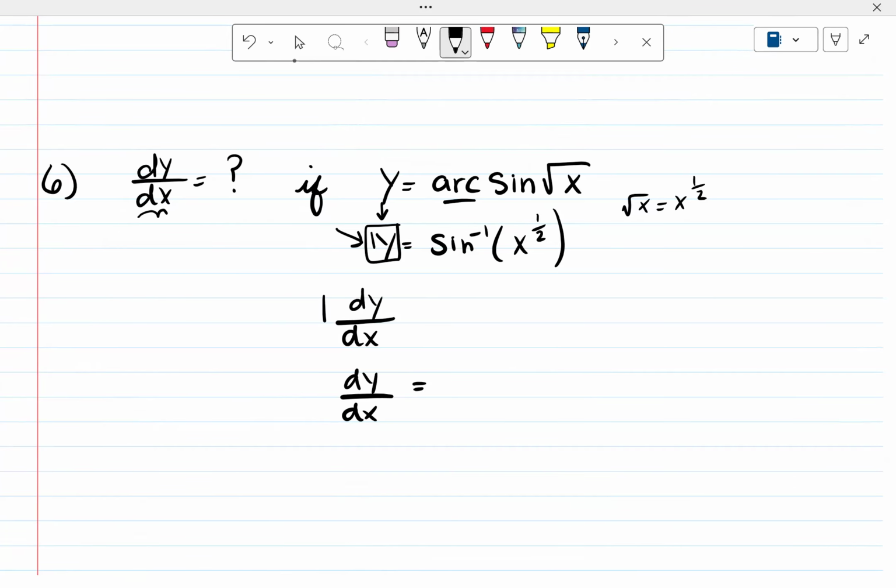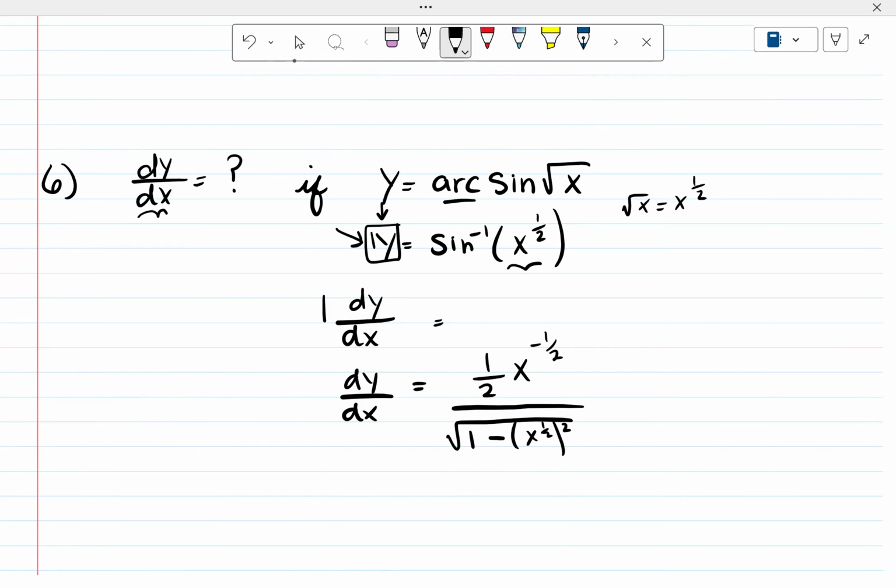It is going to be 1/2 x to the negative 1/2 over the square root of 1 minus your a value. So this is your a value, which is x to the 1/2, squared.